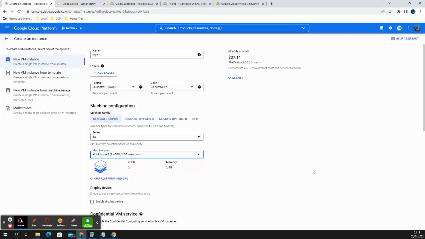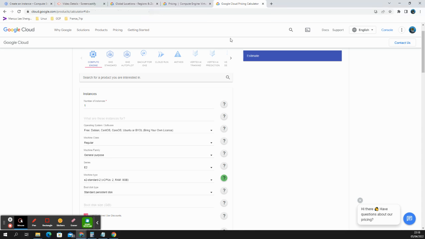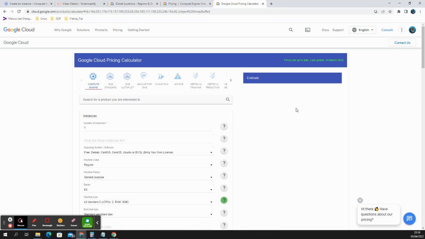So that's probably the easiest way to find the prices. If you want to go into a bit more detail, a bit more sophistication, then you can use the Google Cloud pricing calculator, which is all available online. Just type in Google Cloud pricing calculator.